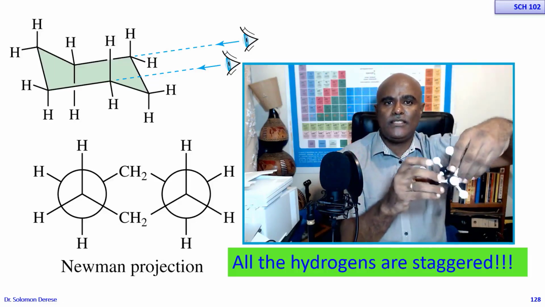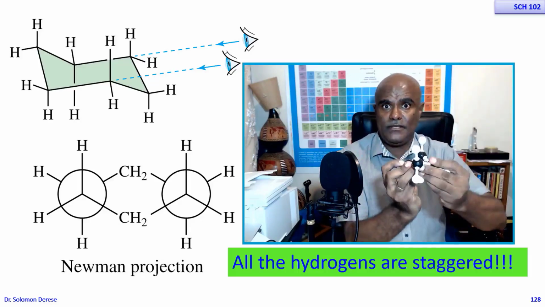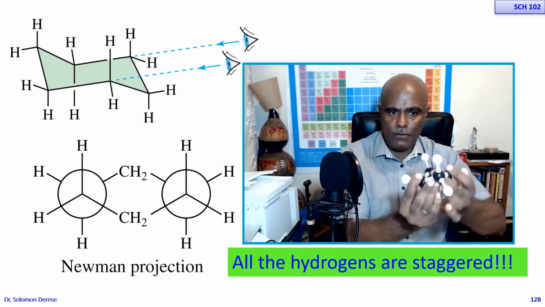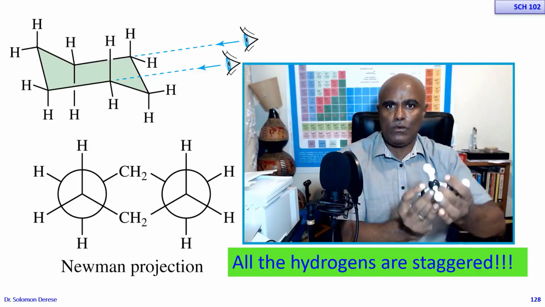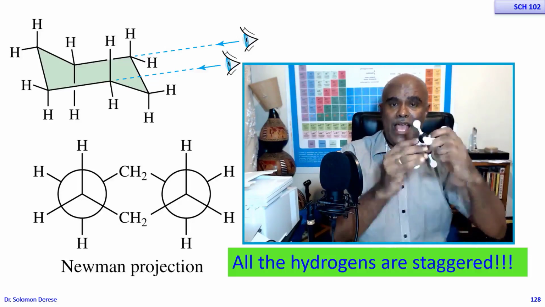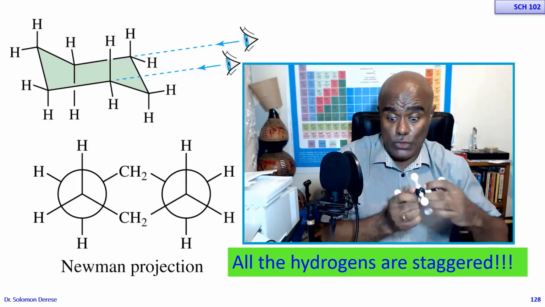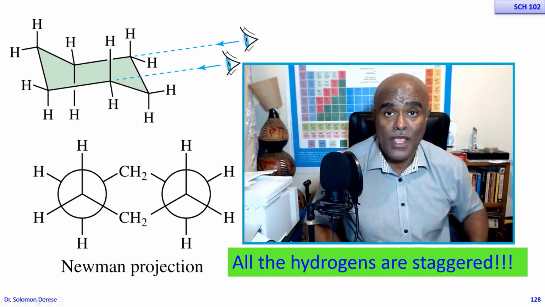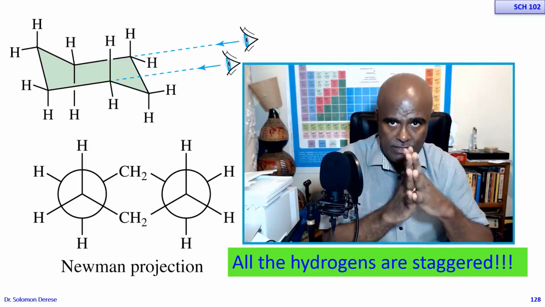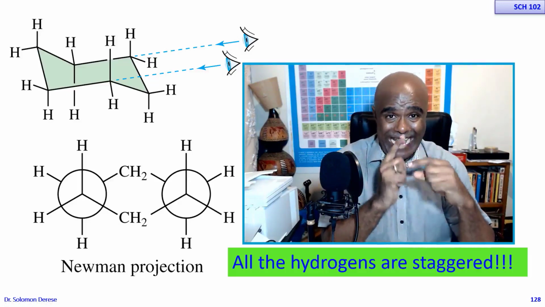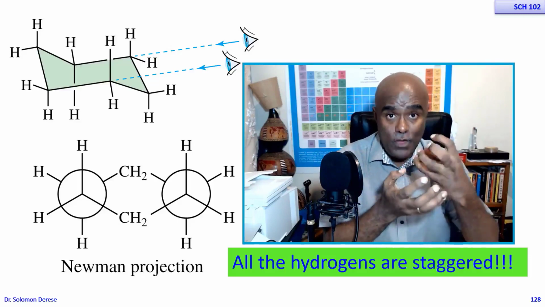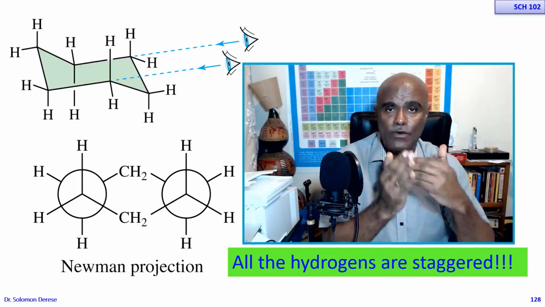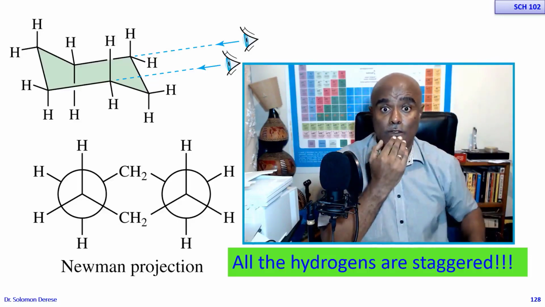And then, as we discussed, as the ring flips from one conformer to the other, axial becomes equatorial, equatorial becomes axial. So what I want us to do is investigate similarly how the hydrogens of cyclohexane that are on the same carbon as well as on the neighboring carbon are related to each other.